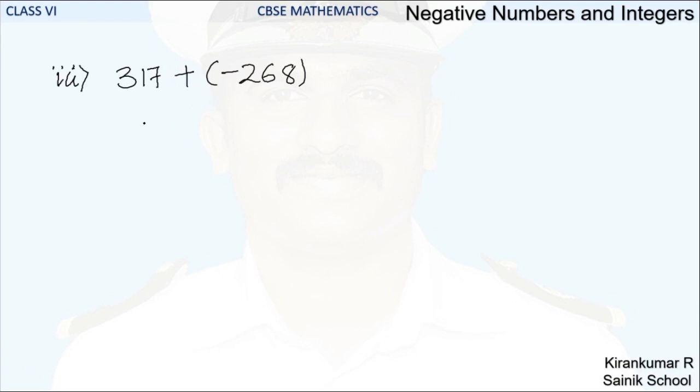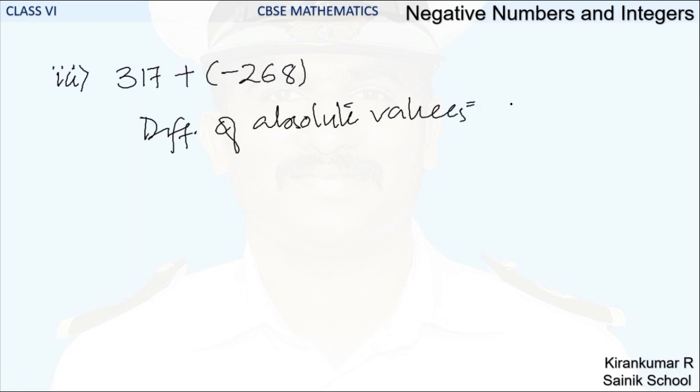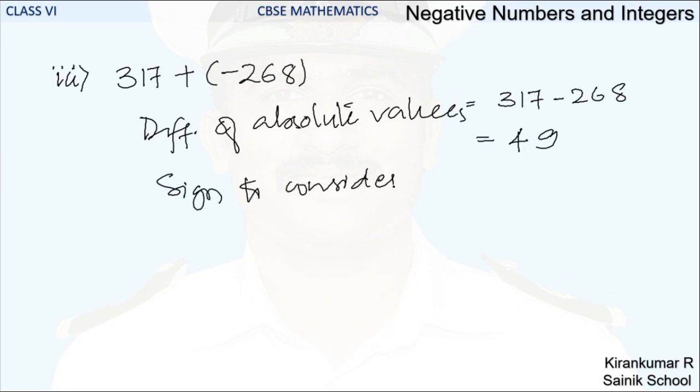Here, unlike signs are there, so we need to find the difference of absolute values, which is 317 minus 268 and the difference is 49. Which sign to consider? Sign to consider is positive. Therefore, the result obtained is positive 49.